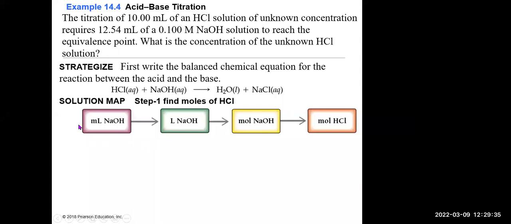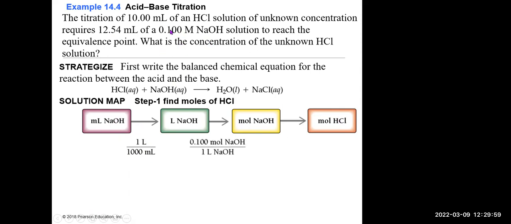So we're using this 3-step process to calculate moles of HCl. We know the 12.54 mL of NaOH. We need to use this conversion to convert from mL to L. After we get the liters, then we'll use the concentration.